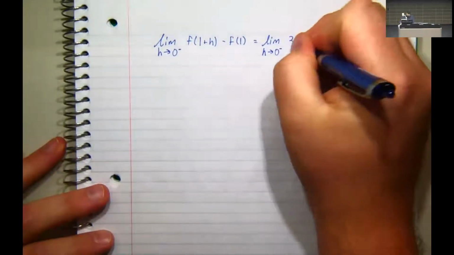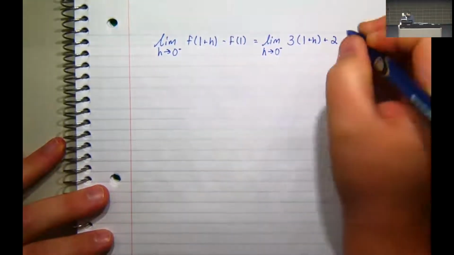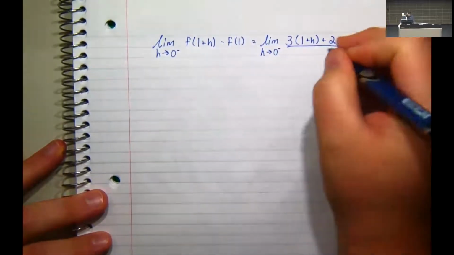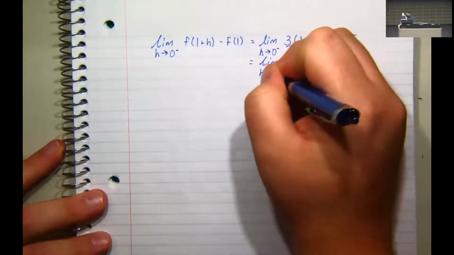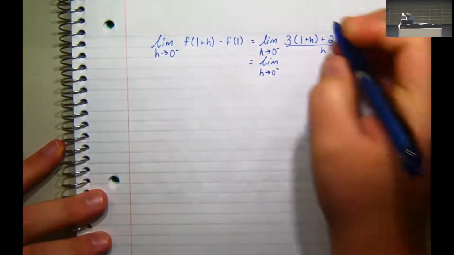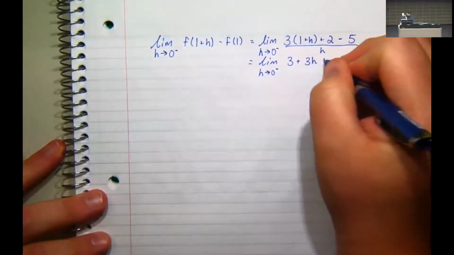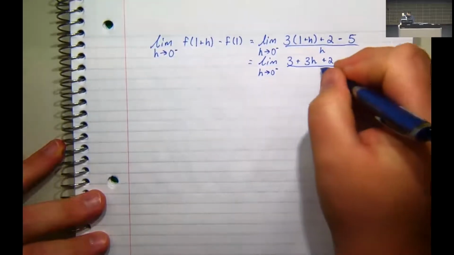So 3 times 1 plus h plus 2 minus 5 all over h equals limit as h approaches 0 from the negative of 3 plus 3h plus 2 minus 5 all over h.